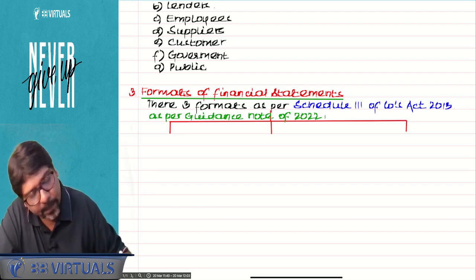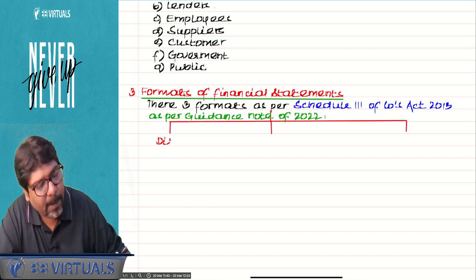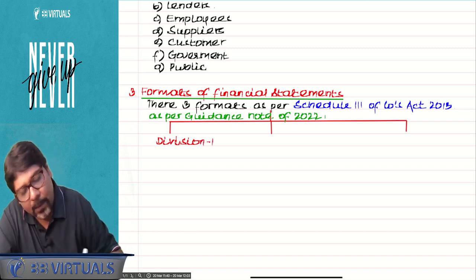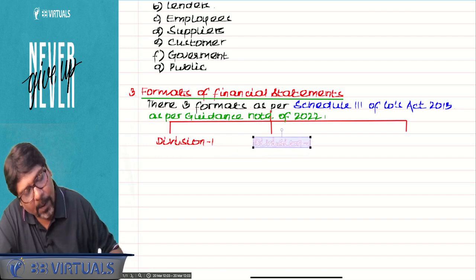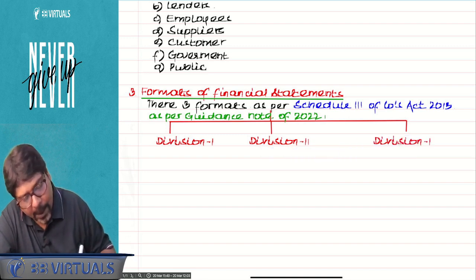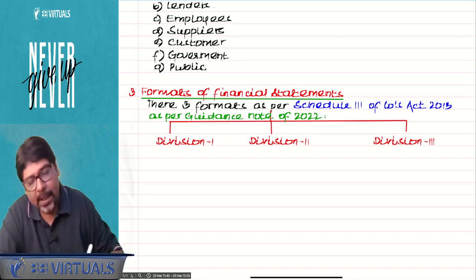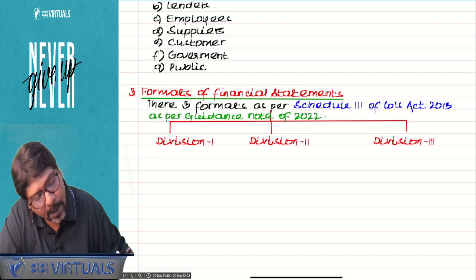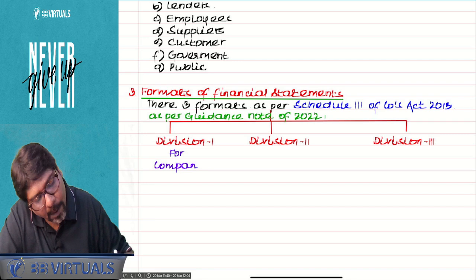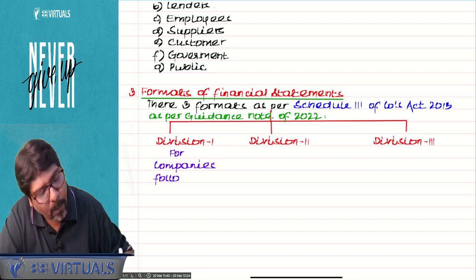One, division 1, division 2, and division 3. Division 1 is for companies following AS.